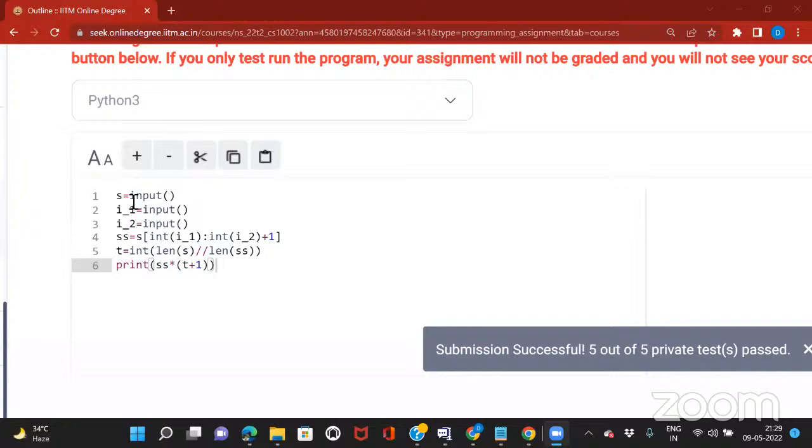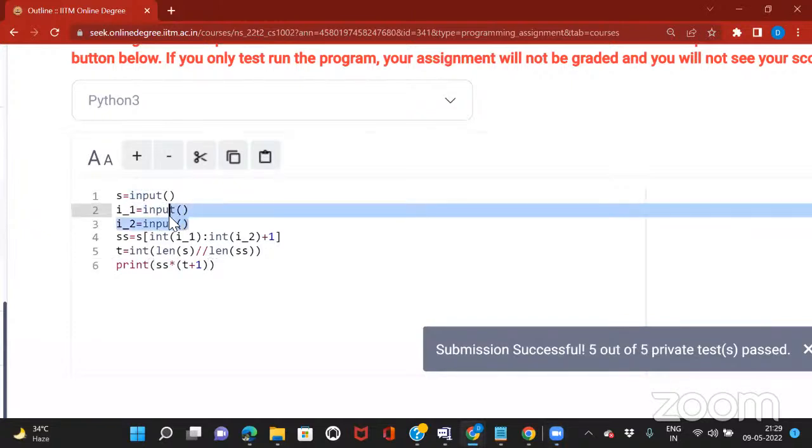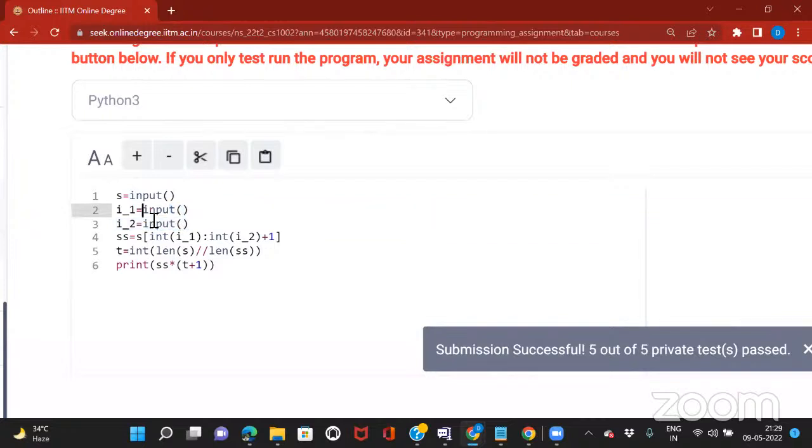Yeah, first I took the string input and the index inputs. Maybe I should have written int here only. Then I made it into the substring by defining the indices, that is I1 and I2. Since I hadn't made it into an integer, I did it here. And because this is inclusive of the last index, I increased it by 1.